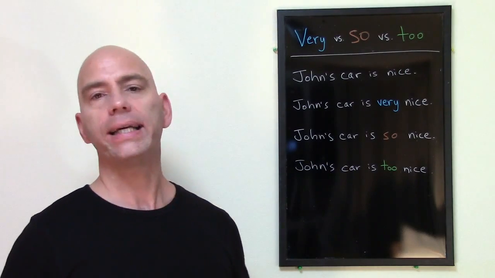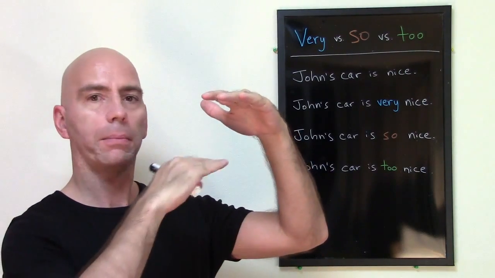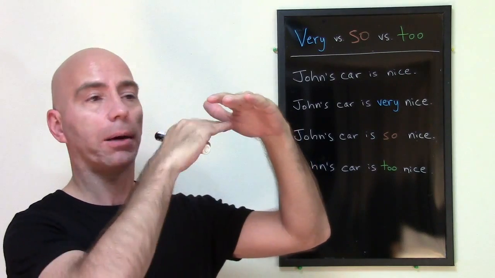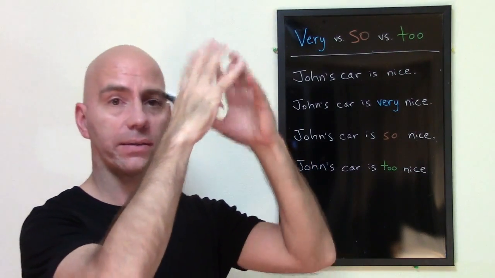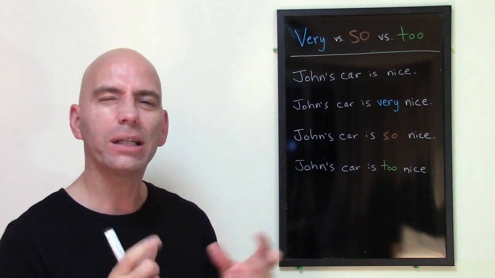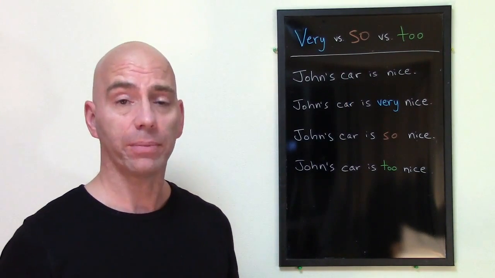David's house is very big. So we have small, average, big, but David's house is very big. Okay, it's not just a little big, it's not average big, it's very big.